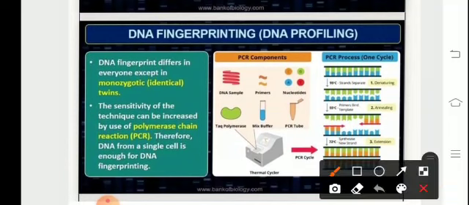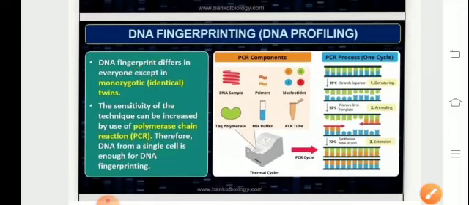Now DNA fingerprinting will differ in everyone except the monozygotic, that means the twins which are identical. Now this technique, we can increase its sensitivity by carrying out the amplification, obtaining a large number of copies by using PCR.